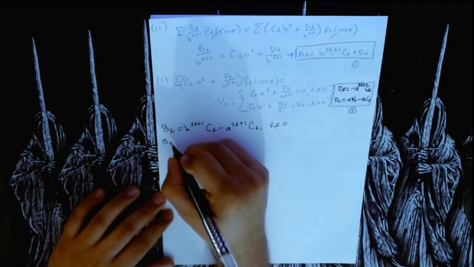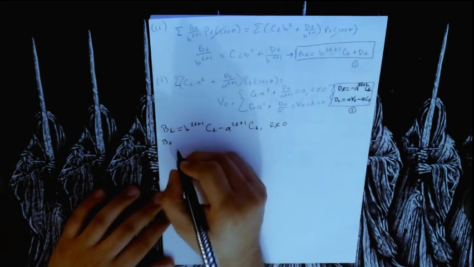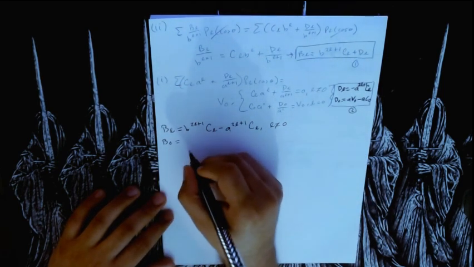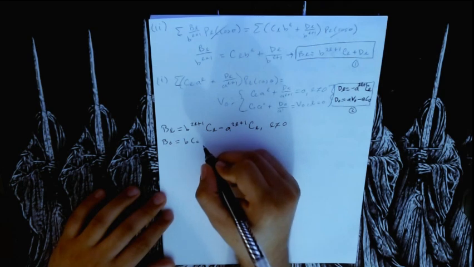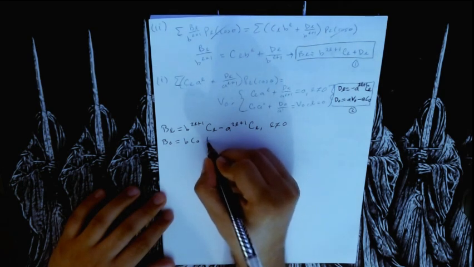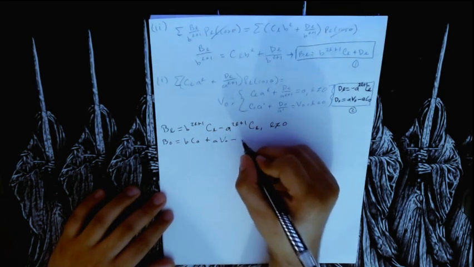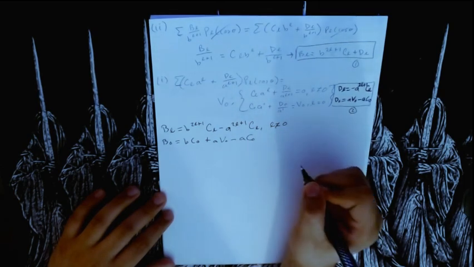And when L does equal 0, then we'll have another term, we'll call that B naught, C sub C naught, plus A V naught minus A C naught.